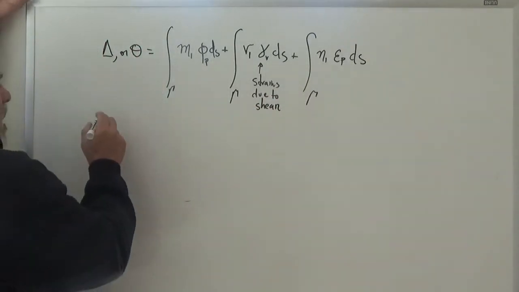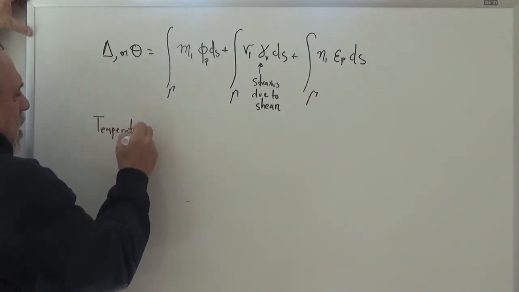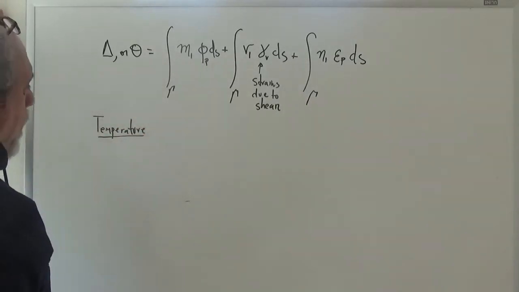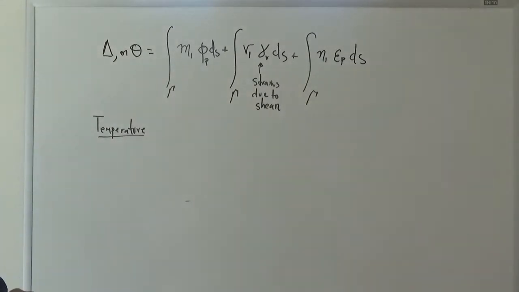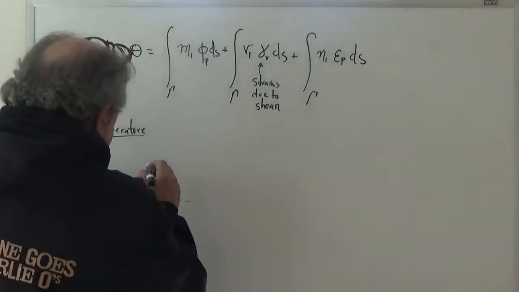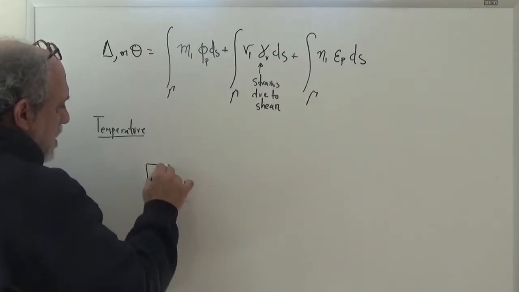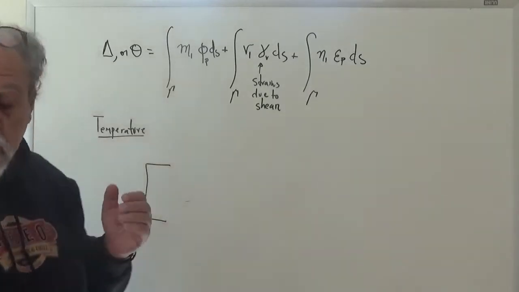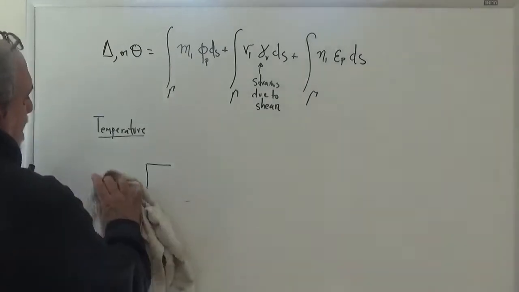Now, if we have temperature as the loading, then we're going to treat the simplified version where the temperature distribution across the cross-section of our element is linear. So if we have our cross-section, actually let me be a little bit more generic, not make it rectangular necessarily.